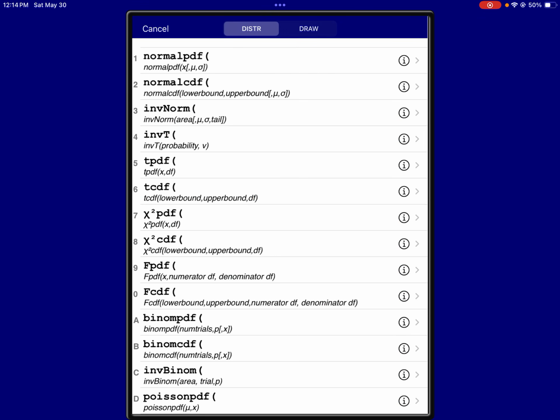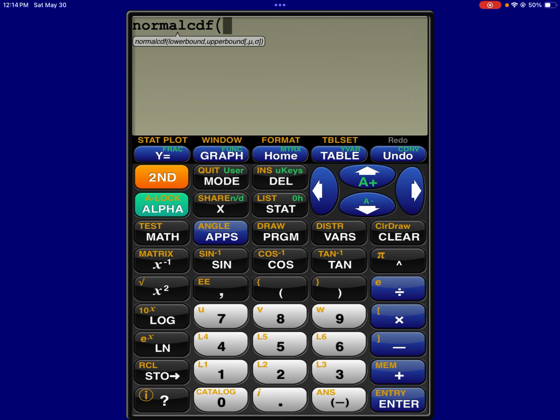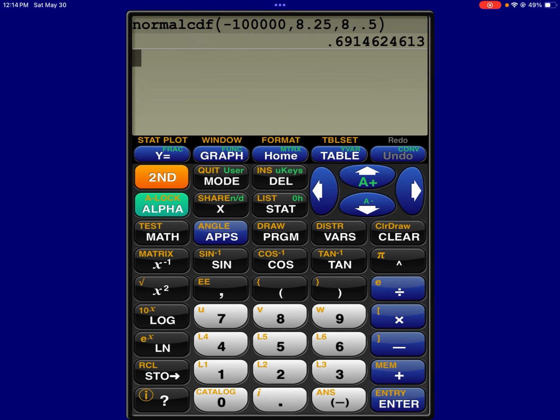So let's put all of our data in. Second bars, the second one, normal CDF. My calculator is a little bit different, but yours will say lower, upper, mean, standard deviation. Your lower is going to be that negative number, to 8.25. Then your mean was 8, and your standard deviation was 0.5. Now this is the decimal, but they want a percentage.